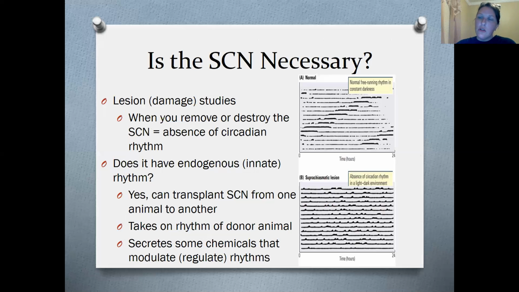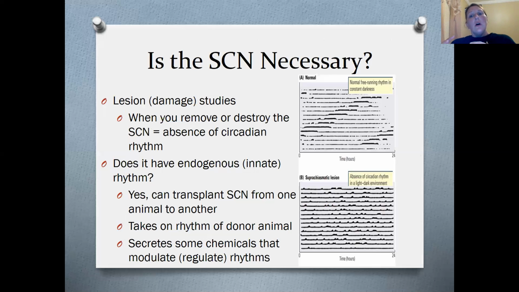So even if you introduce an environmental cue, that animal still cannot get a normal rhythm. It's impossible. The ability for the animal to adapt to a normal light and dark environment is completely gone. And if you put them in a dark environment, like the top, like they did before, again, no rhythm, because the SCN's job is to innately regulate this rhythm.